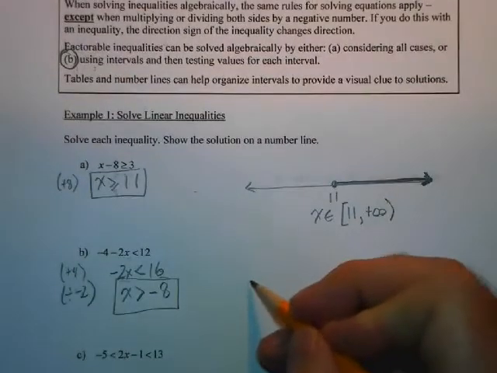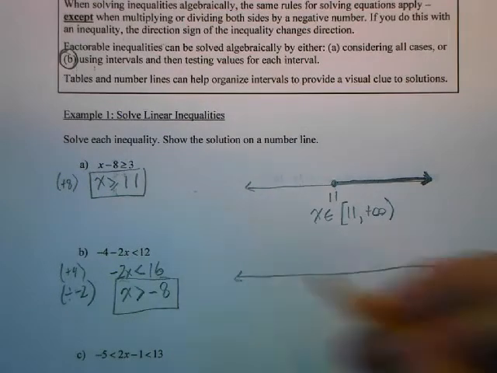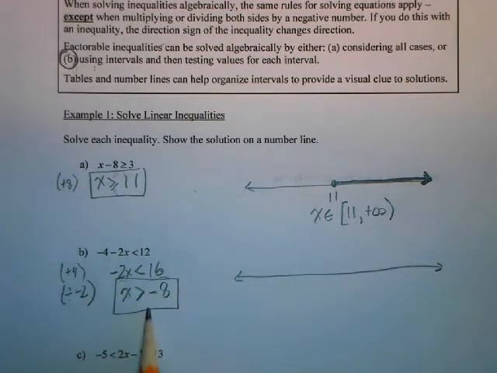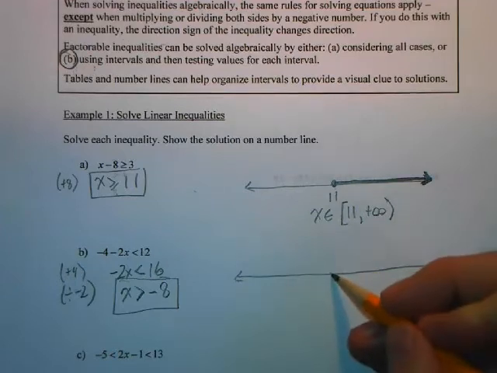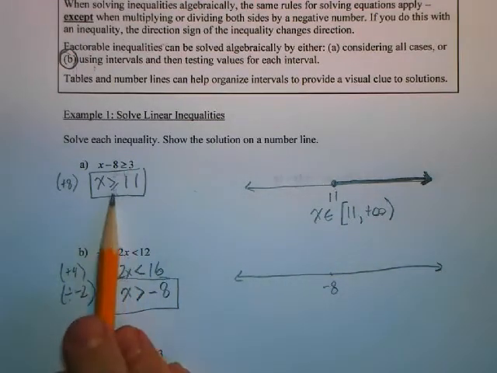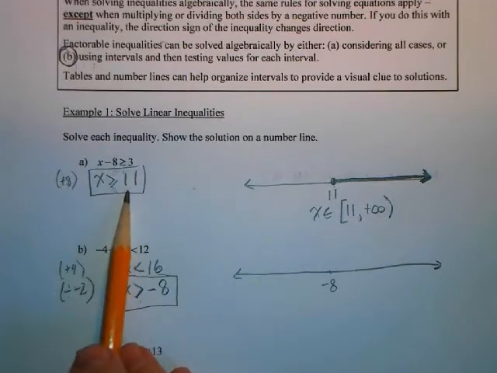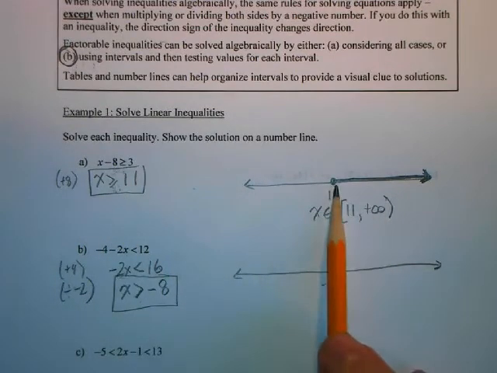So in terms of a number line, again, horizontal line, arrows. The key number here, and there's only one, and that's -8. So I'll put my -8 here. Now this time, the solution does not include -8, whereas the previous one included 11. When it includes the number, you put the closed circle.